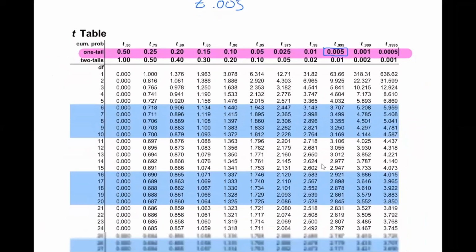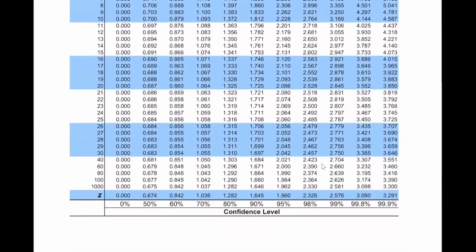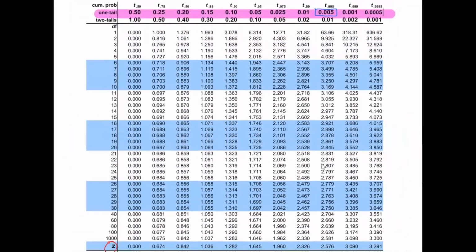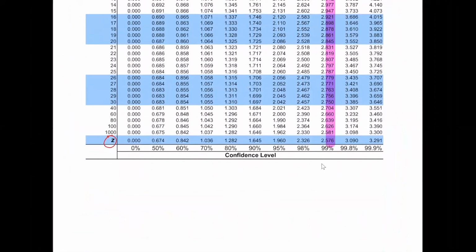All right. So also, if you look all the way in the bottom of the t table, you're gonna see where it says Z right here. So what I wanna do, I wanna go all the way down and see where does that intercept, 'cause I wanna see where does this row intercept with that column that I chose for 0.005.